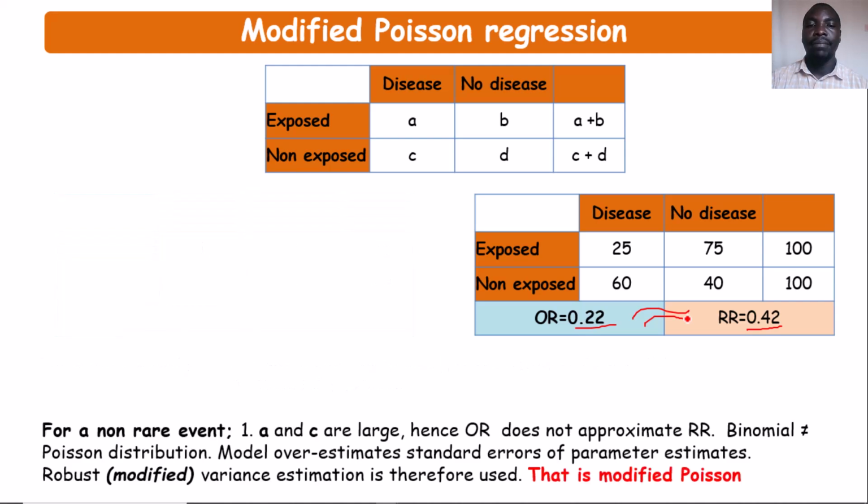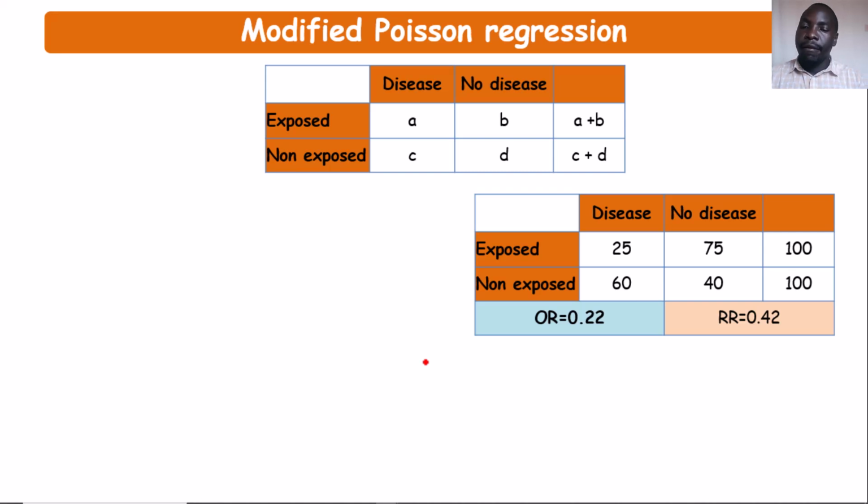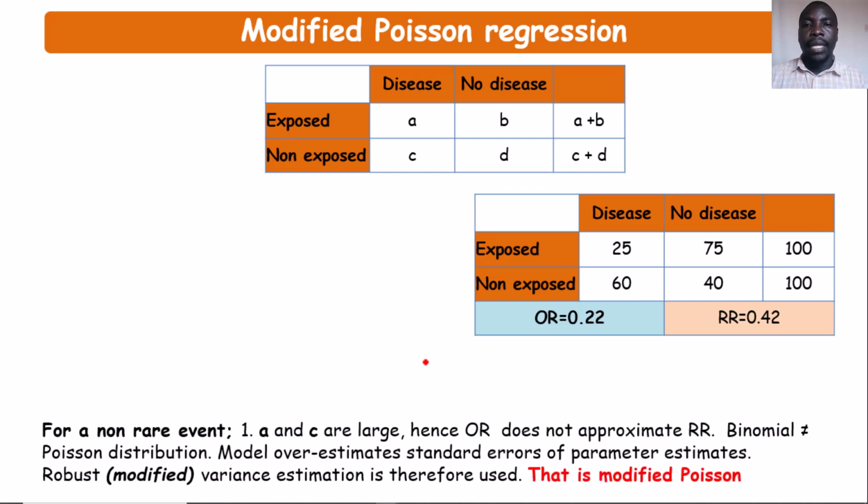Okay? So it means for a non-rare event, these values are big. Your prevalence is big. And so odds ratios are not approximating the relative risks. But still, we would like to have a model that gives us relative risks because they are easier to interpret for almost everyone.